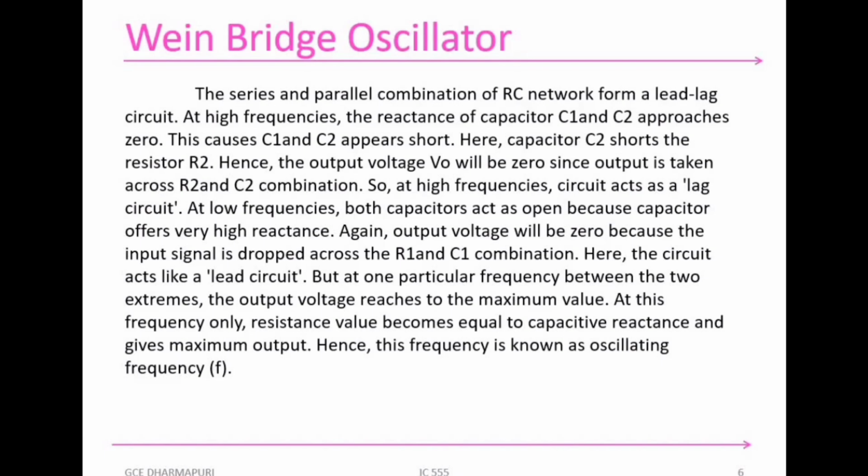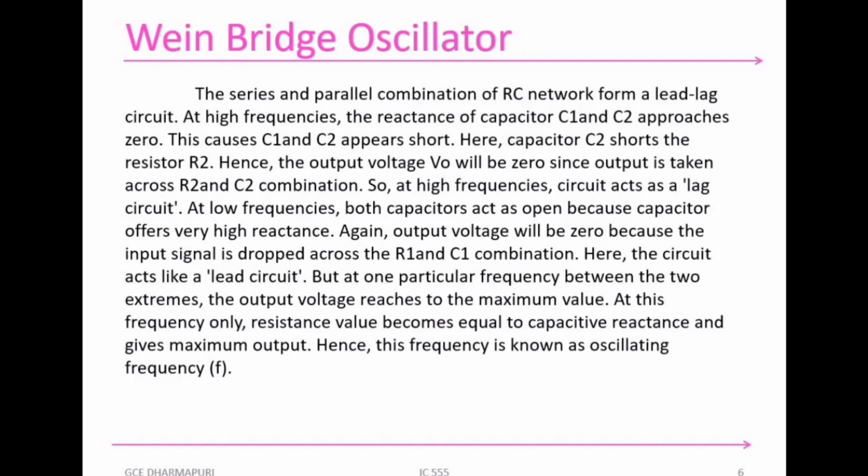Before that, there is a series and parallel combination of an RC network which forms a lead lag network. At a high frequency, the reactance of the capacitors C1 and C2 approaches 0, which causes C1 and C2 to appear as shorts. Here, the capacitor C2 shorts the resistor R2. Hence, the output voltage V0 will be 0, since the output is taken across the R2 and C2 combination. So at high frequency, the circuit acts as a lag circuit.